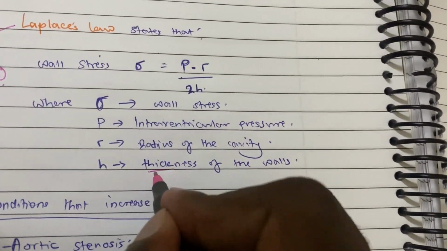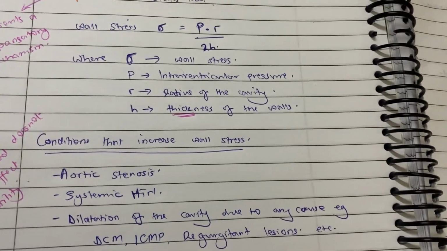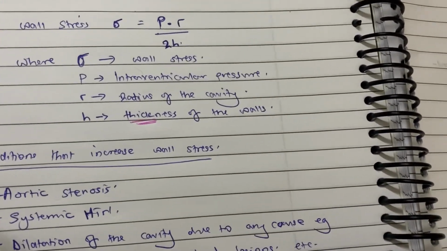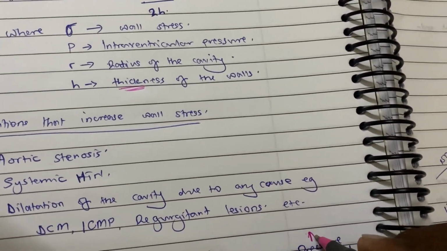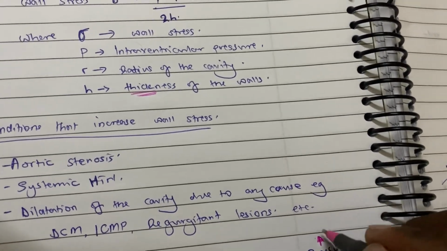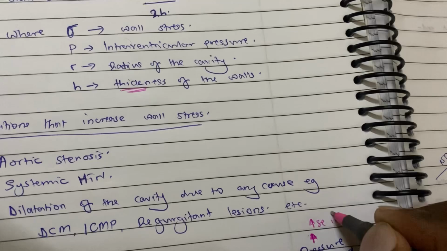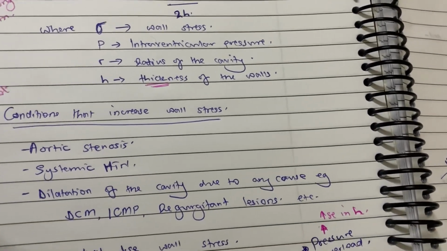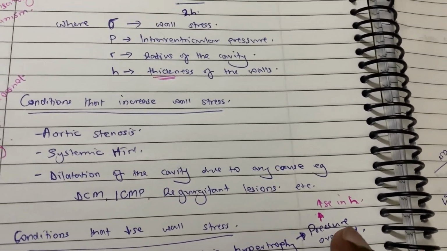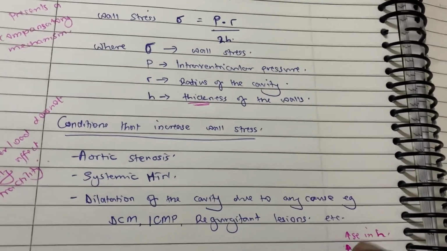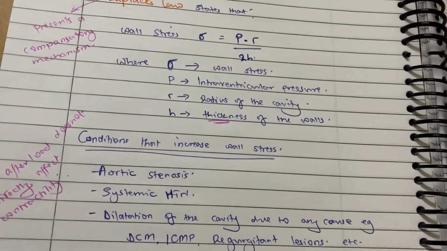Here what we wrote: concentric hypertrophy results in an increase in H. So what is the effect?